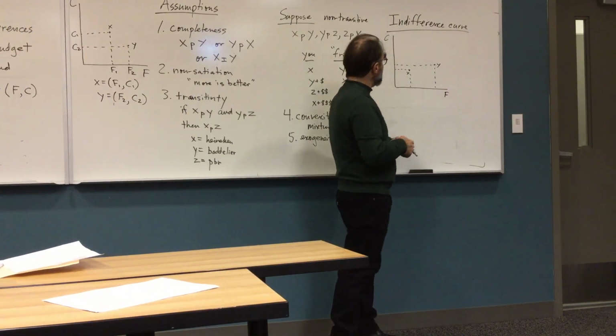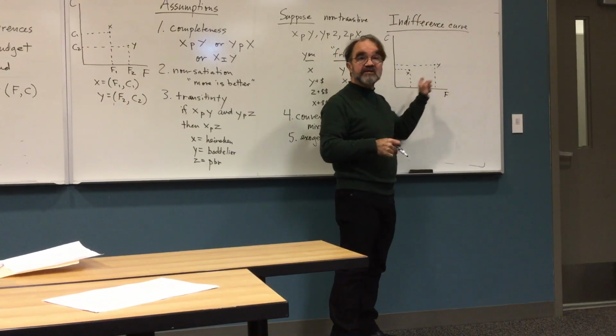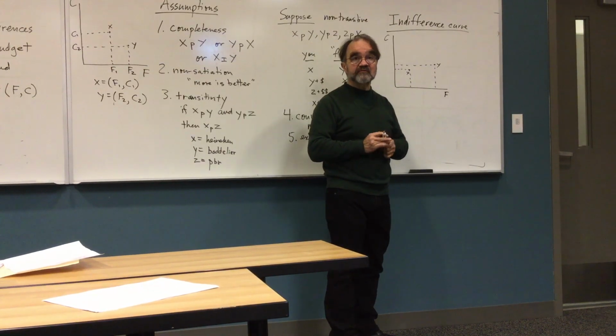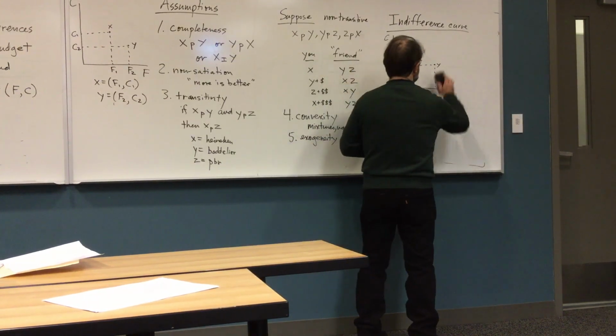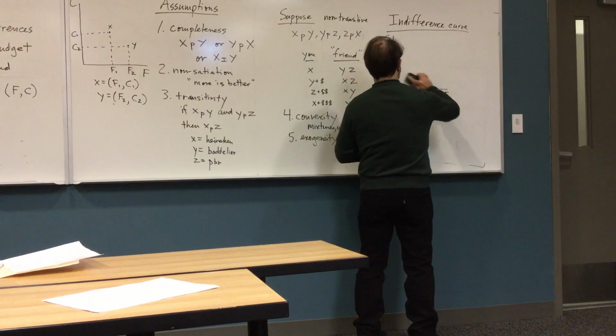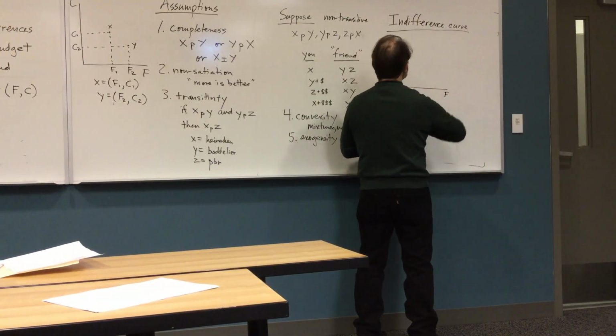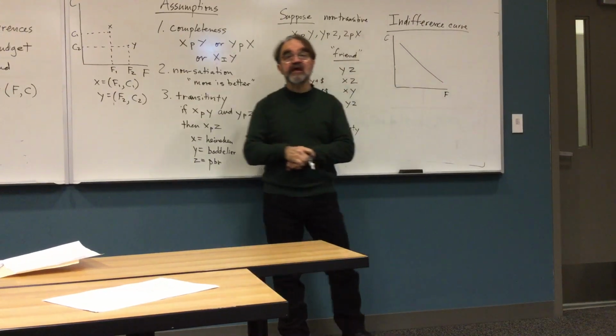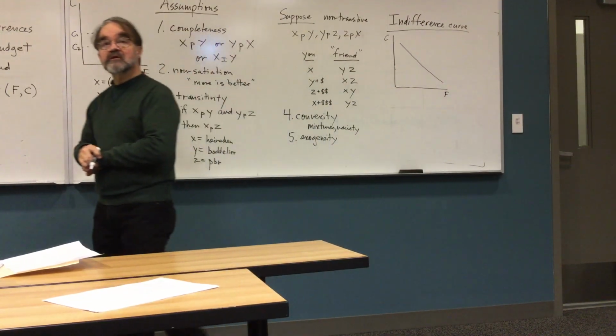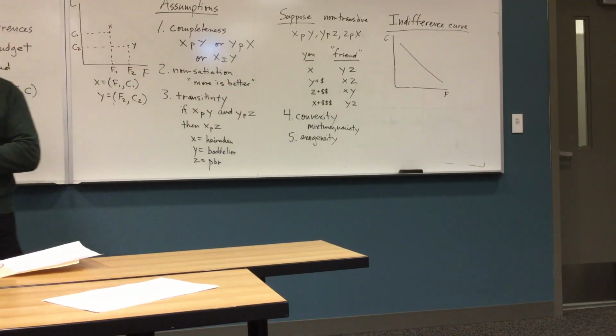If consumers are not going to be satiated, then these cannot be on the same indifference curve. So essentially, we have just proven that an indifference curve cannot be upward sloping. Instead, it must be downward sloping.